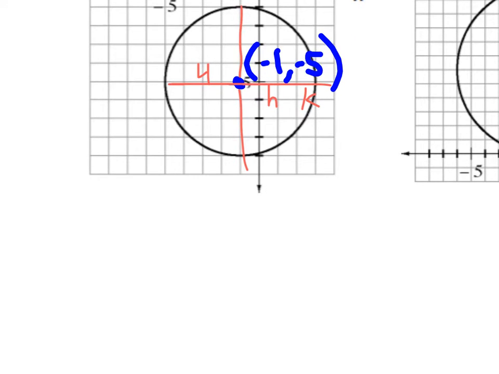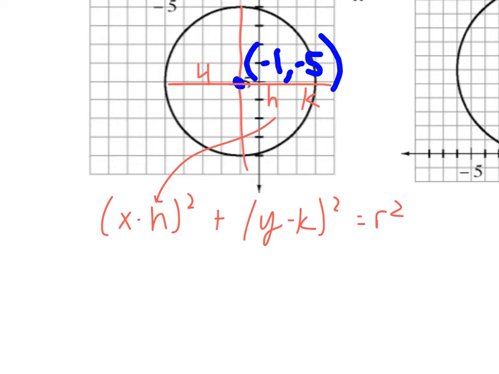So as I go to write the equation of my circle again, which is written as x minus h squared plus y minus k squared equals r squared, I just now merely substitute what I know for h and k. I know -1 has to go here, and I know that -5 has to go here, and I know that 4 has to go right there.